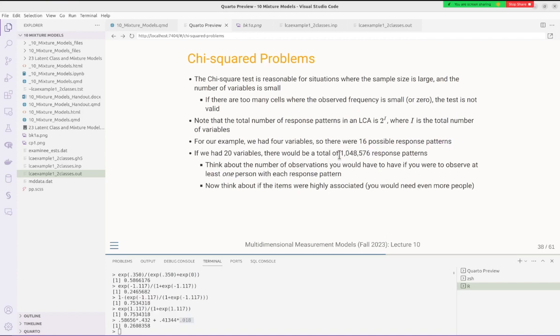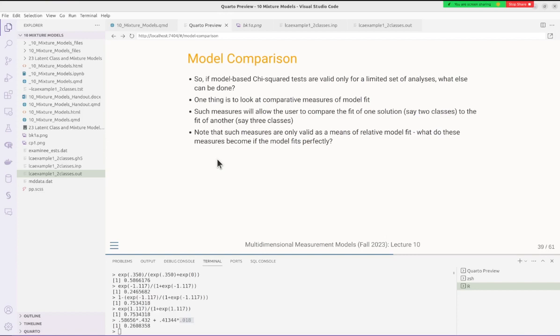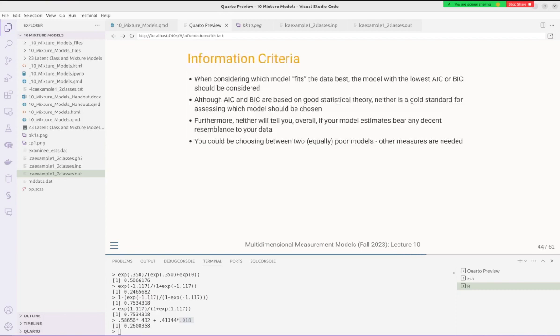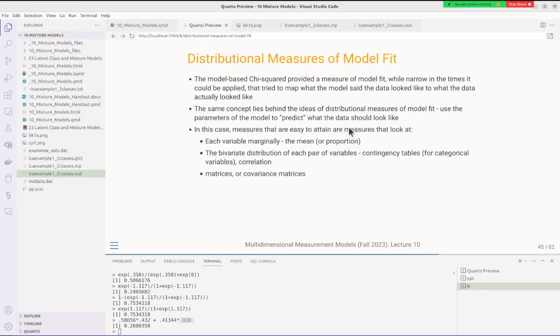We'd have no data in most of those, right? So model fit gets bad. What we can do instead, where I describe this in other places, we can do model comparison, but we're not. Let me come back to model comparison. I really should have changed this. Instead, we can do limited information versions of model fit.